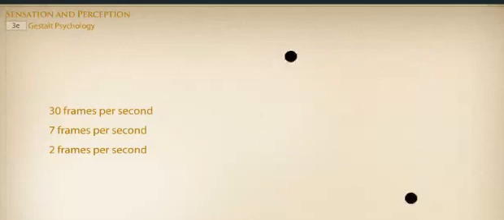So what I'm going to do now is click on the different buttons to vary the speed at which the animation plays, and then you can compare the whole to its constituent parts. So this is 30 frames per second, 7 frames per second, and then 2 frames per second. And as you slow it down, you can start to see how that perception of motion disappears.